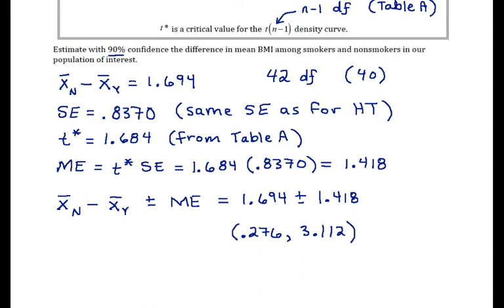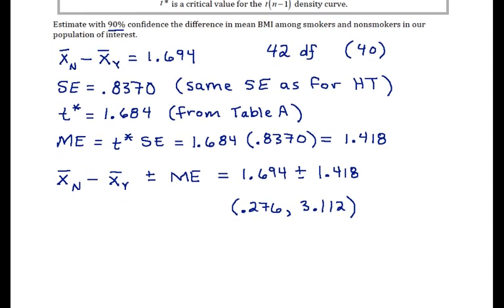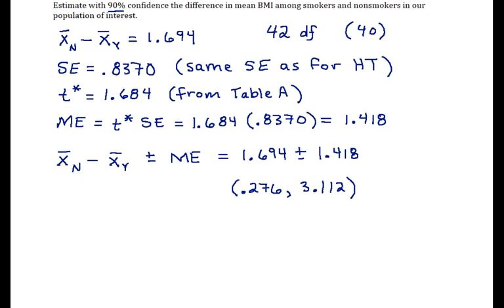So we did manage to get an interval of all positive values by taking a lower confidence level, and we can now interpret this. We have a 90% confidence level that the difference in mean BMI is between these two values. Note that these are both positive, so the whole interval is of positive values.